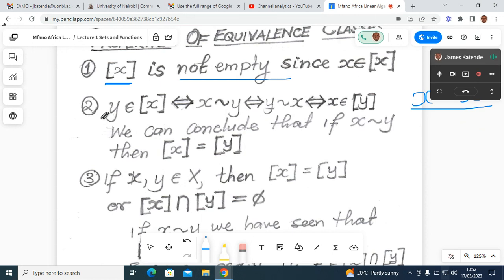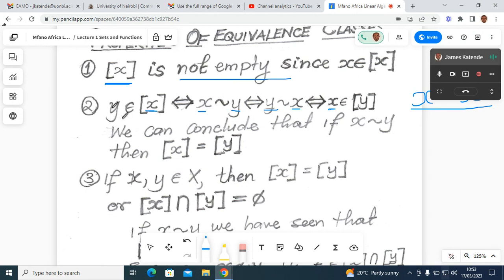The other one says that if you pick any element y from the equivalence class of x, it means that x is related to y. But since an equivalence relation is symmetric, that also means that y is related to x. And that means, and this is a two-way implication, that x must be in the equivalence class of y.